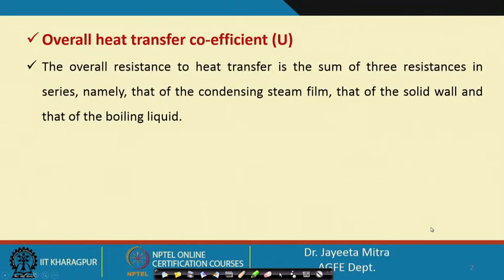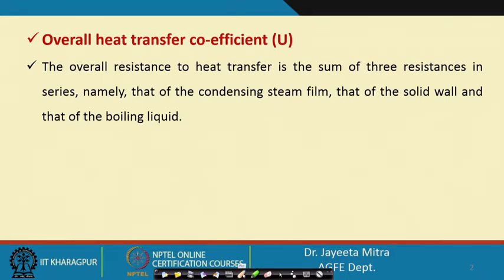Okay. So, the overall resistance to heat transfer is the sum of three resistances in series, namely that of the condensing steam film, that of the solid wall, and that of the boiling liquid.